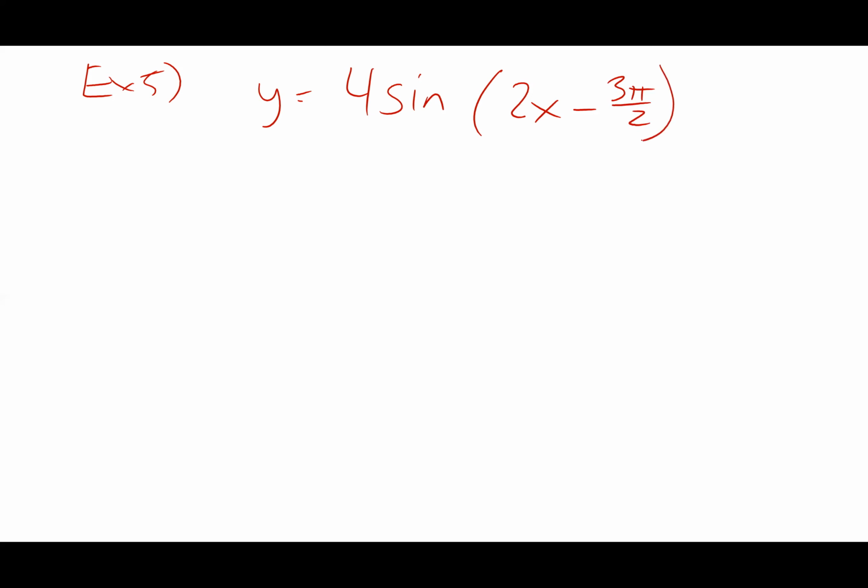Now let's get to the fun stuff here. Exercise 5. Y is equal to 4 sine of 2x minus pi over 2. All right, let's switch.